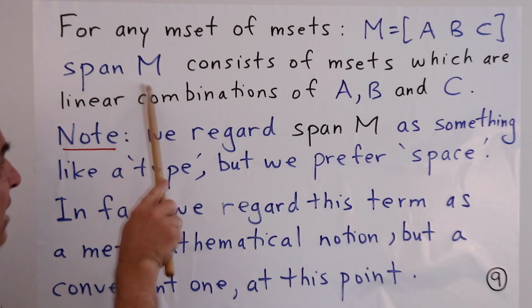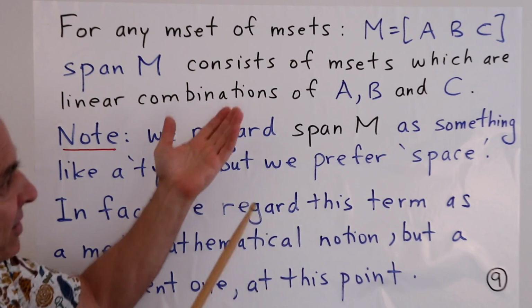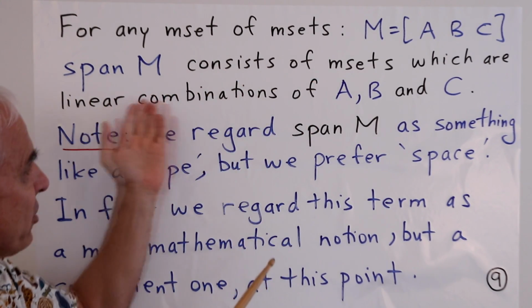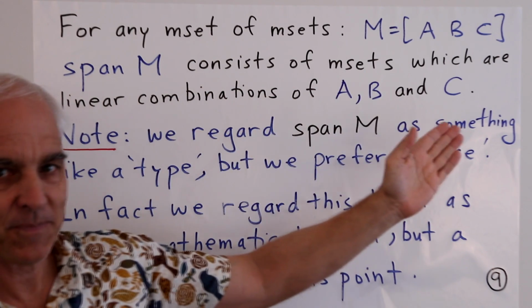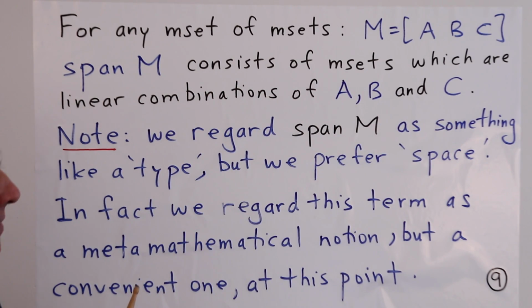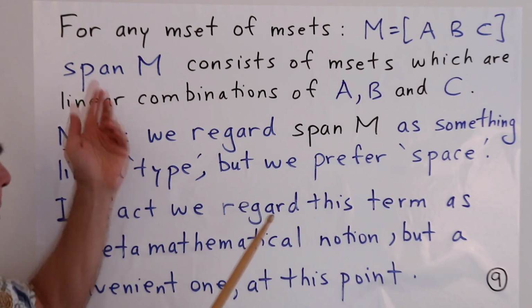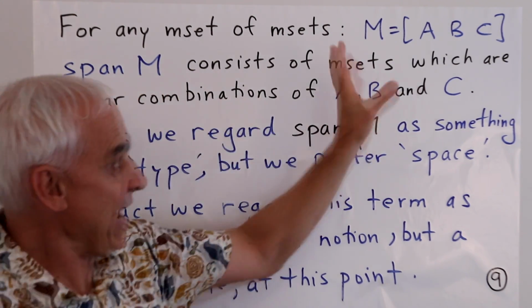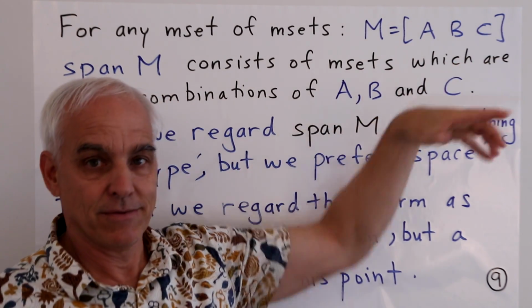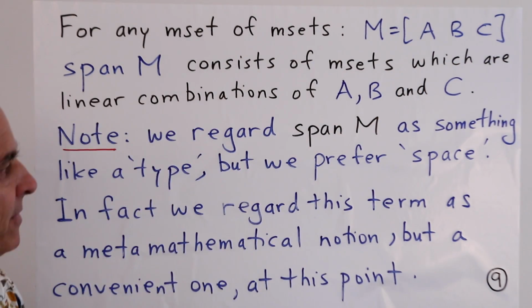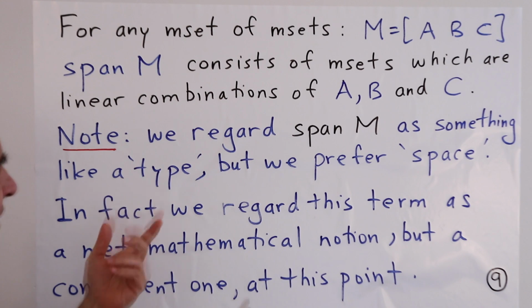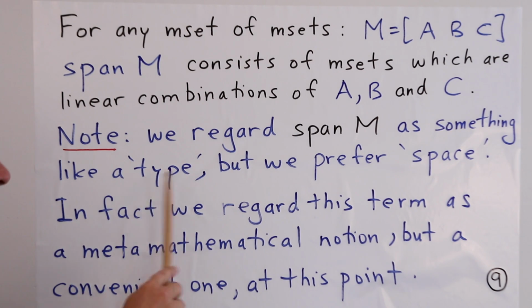And now the span of M, that is the msets which are linear combinations of A, B, and C. Before I wrote span and then brackets A, B, and C, but now we can just write span of M, because M is the mset which is containing A, B, and C. So we can regard span of M now as something like a type.